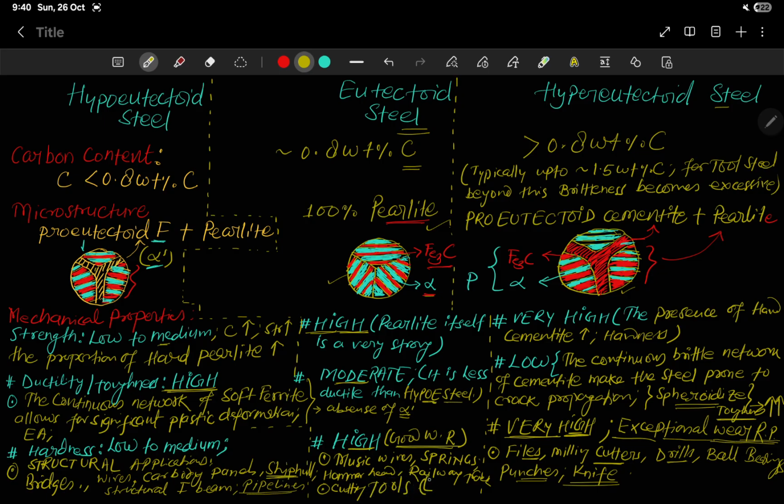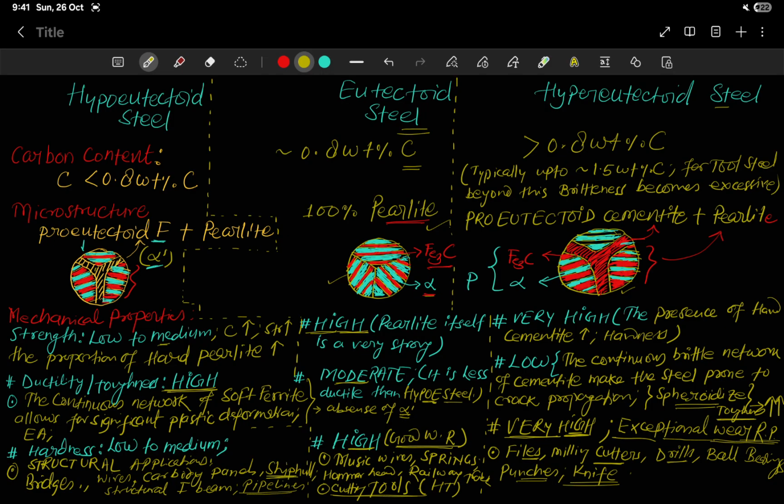When it gets heat treated, then only we can use it for cutting tools. So I hope these are the potential engineering applications for hypoeutectoid steel, eutectoid steel, and hypereutectoid steel.